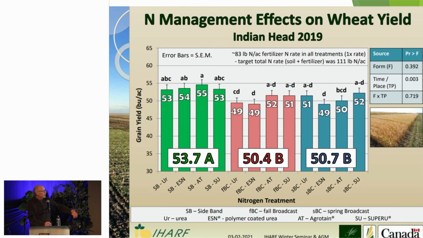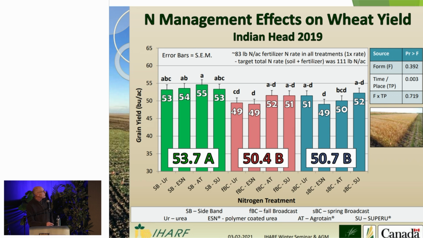And for this, I'm just borrowing one of the slide sets from Chris Holzapfel that runs the research program at Indian Head, and he looks at many of these 4R placement, timing, management systems, and this is an example from the 2019 studies that they've done, looking at side-banded nitrogen in the green versus fall broadcast versus spring broadcast in the blue.